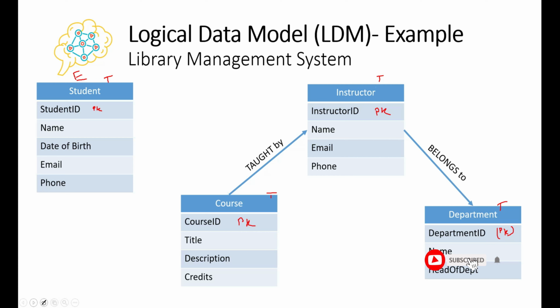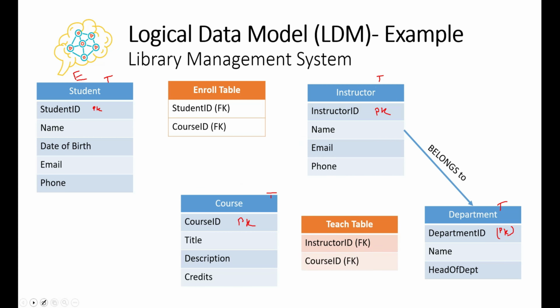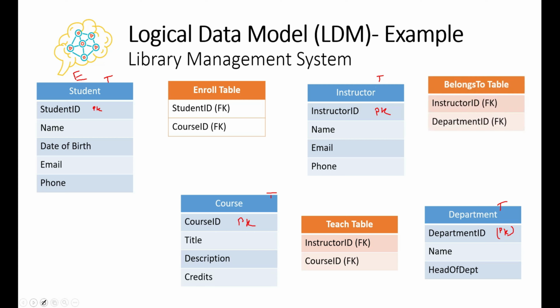So that is where you see enrolled by becomes the enroll table here, and the next, taught by, will become a teach table here, and belongs to is also becoming a table here. As you can see, the enroll table is making the relationship between student ID and course ID.